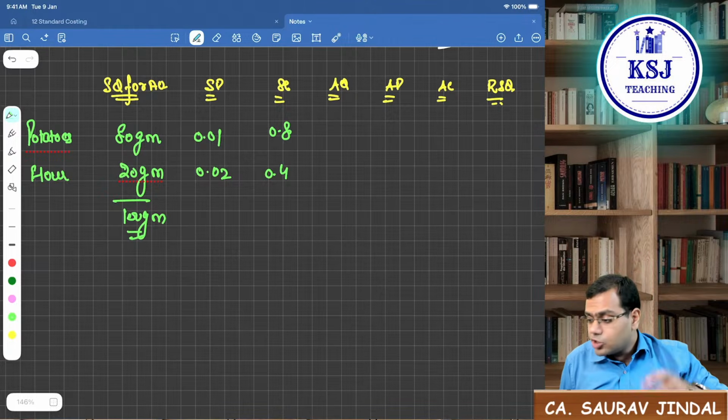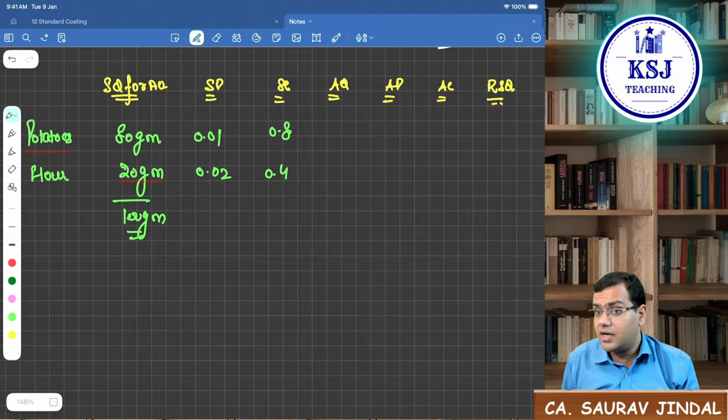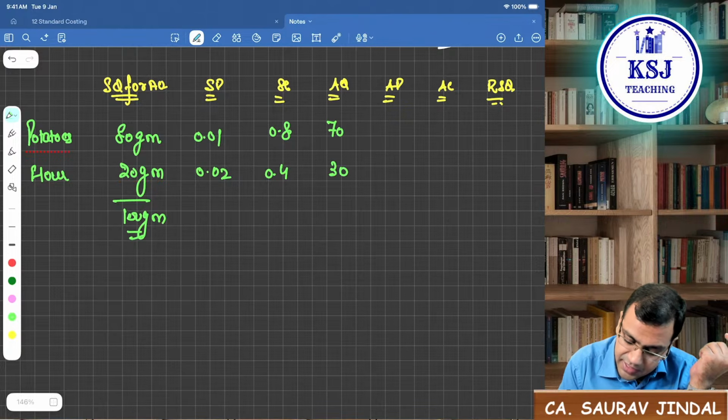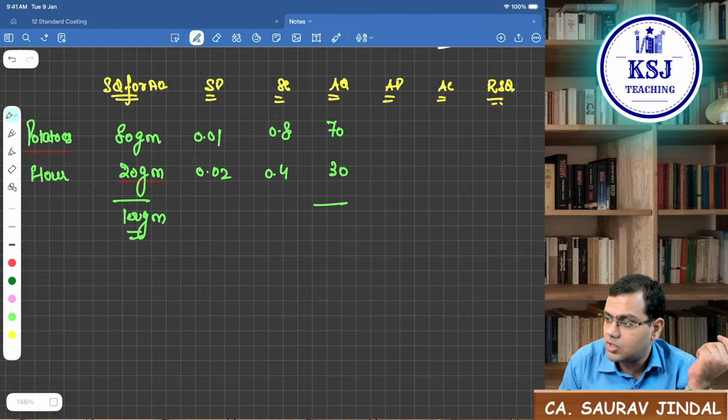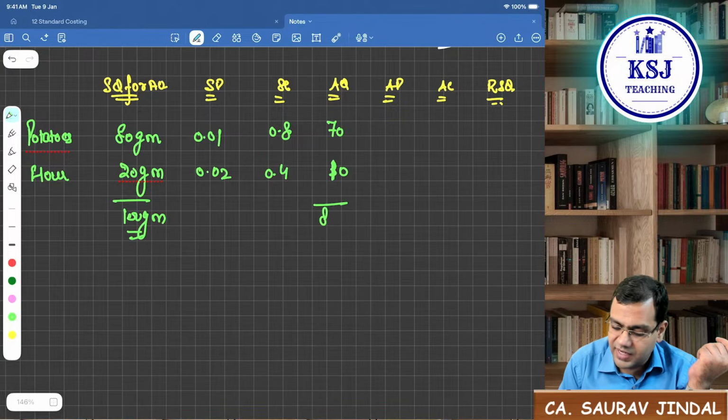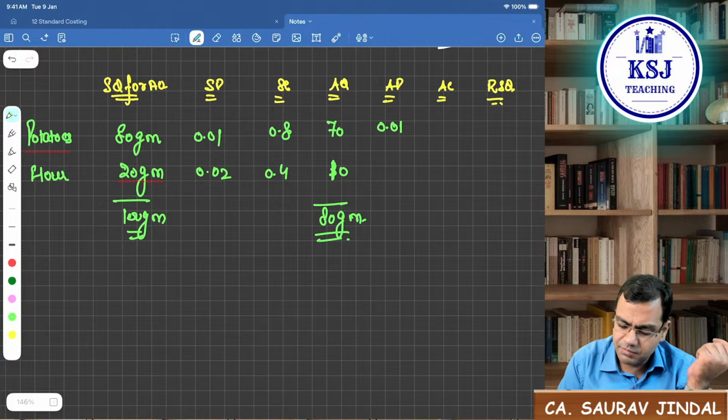But actually, your worker made it 70 grams and 10 grams, not 30 grams. A total of 80 grams he used and manufactured the product. Price, let's keep it simple and straightforward, 0.2.